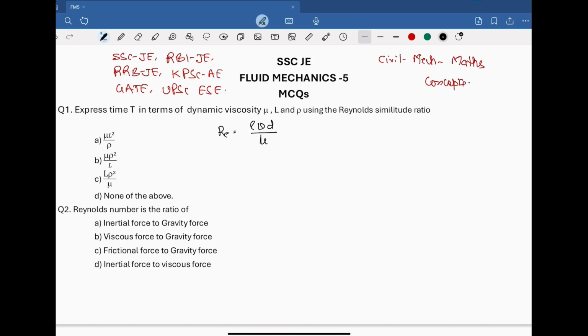Reynolds number is a dimensionless number. Please remember this. That means Re has no dimensions.